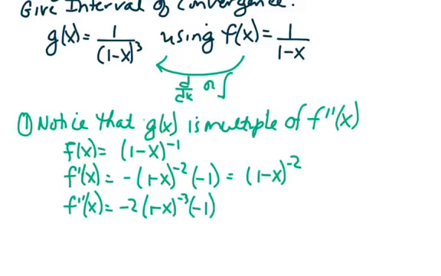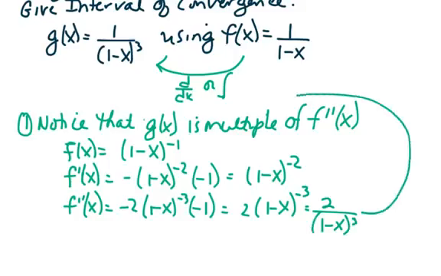Again, applying the chain rule, we end up with 2 times 1 minus x to the negative third power, which is simply 2 over 1 minus x cubed. So we've got a multiple of g of x.